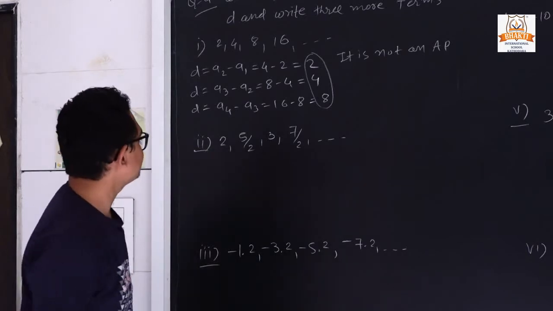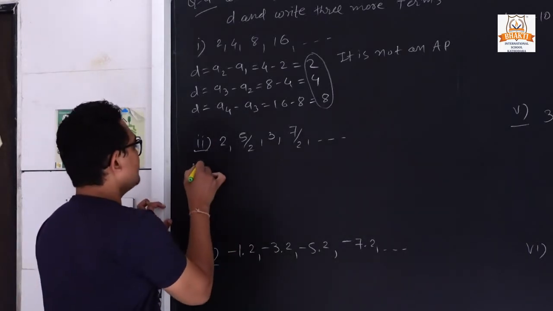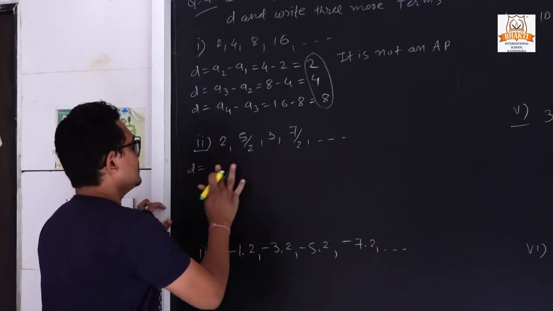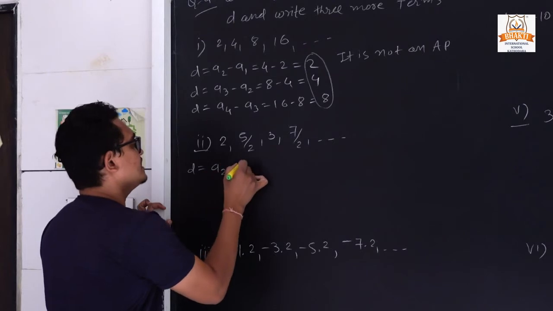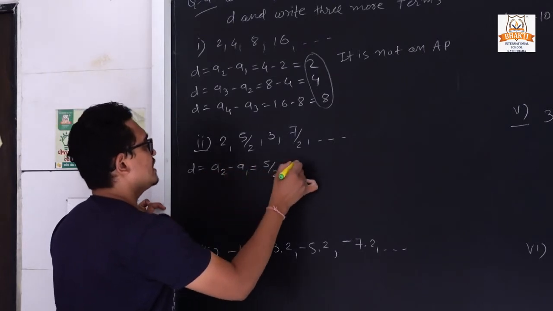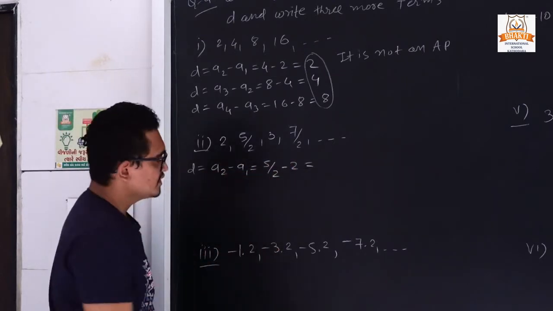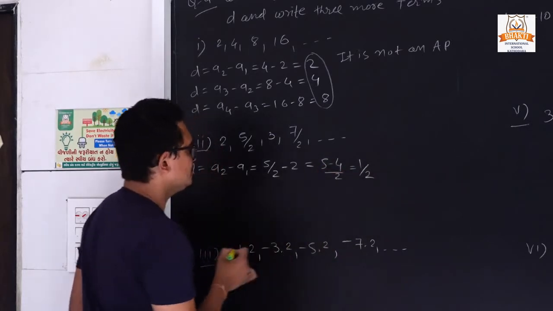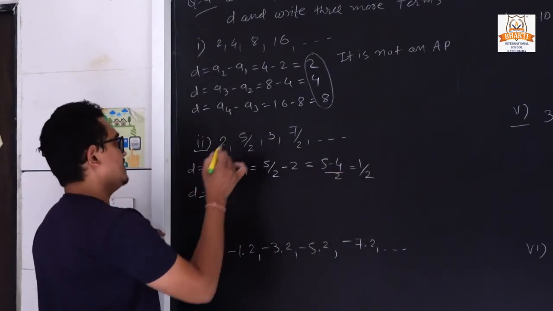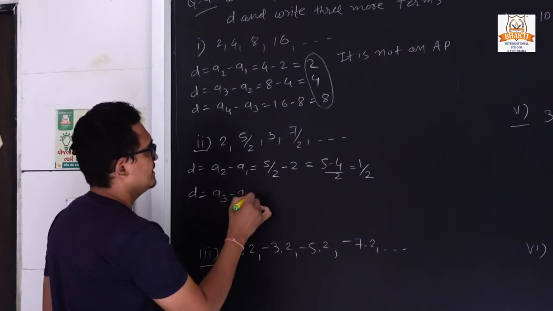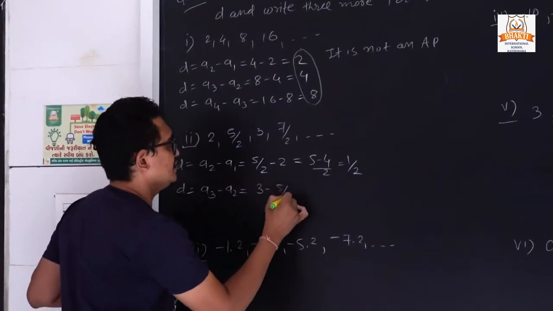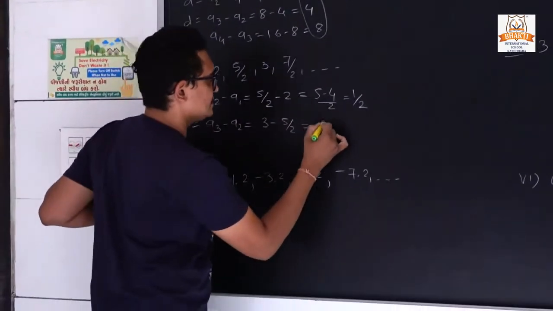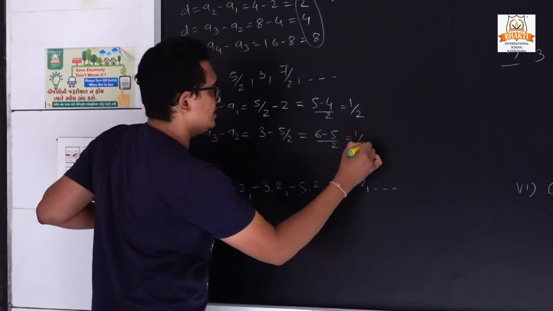Now the second, once again we find the difference. A2 minus A1, 5 by 2 minus 2. 2 is our LCM, so 2 2s are 4, and the answer is 1 by 2. Once again third minus second: 3 minus 5 by 2, 2 3s are 6, same again.